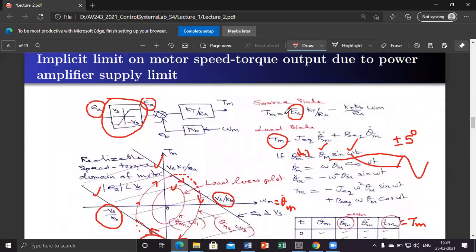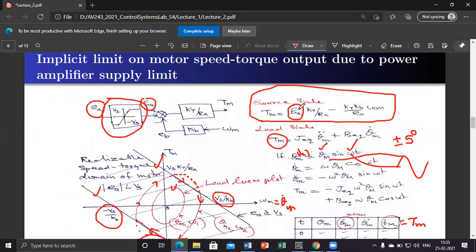If I plot this, there are two parts. One is the source side. I have written here Tm is equal to Ea into Kt by Ra minus Kt Kb by Ra into omega m. For the source side, for a given Ea, you vary omega m and get the value of Tm.